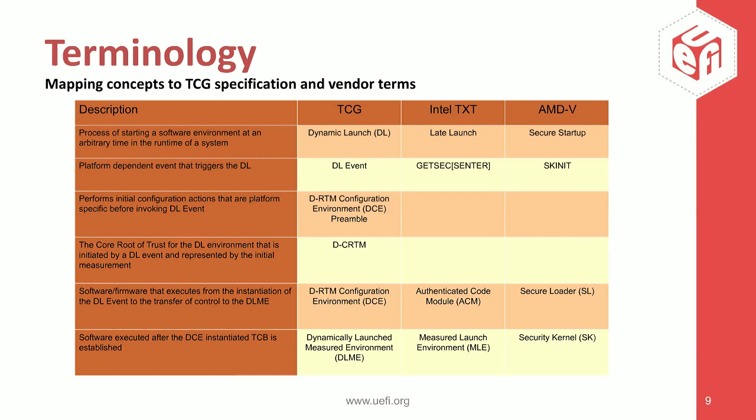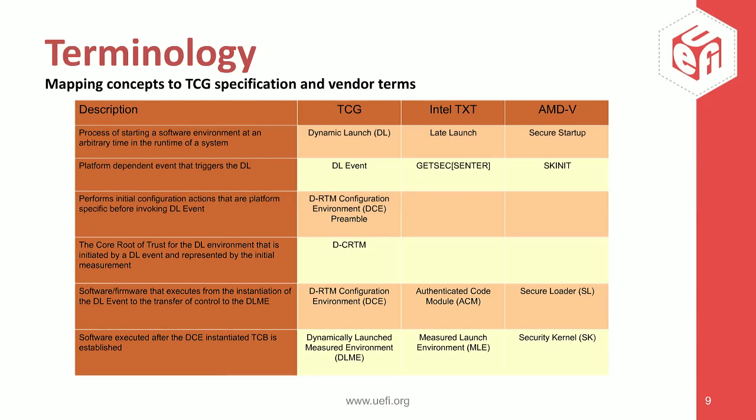So let's have a look at two things. One is called the DRTM configuration environment. Usually it is a small piece of software which has limited size, which is executed after a dynamic launch event. This piece of software is responsible for checking platform configuration and its initialization.